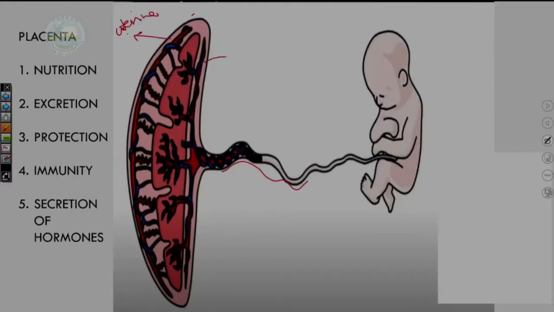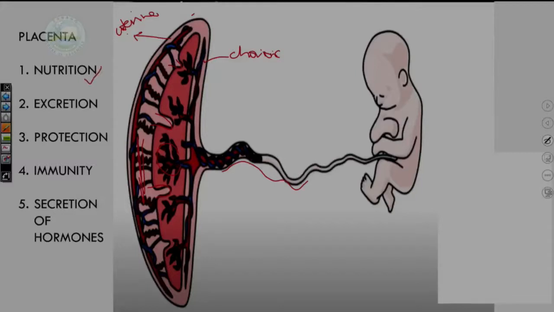And of course, on this side, you have the chorionic side. So that is the baby side. So we have the invaginations here. And we have the mother's blood vessels and the baby's blood vessels. All right? So what are the functions of the placenta?